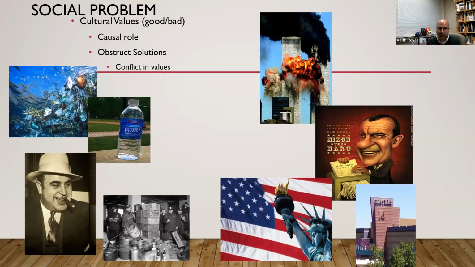And ultimately, we passed laws. We passed an amendment saying you can no longer sell or buy alcohol. And then we created an entire economic structure around the consumption, purchase, and transportation of alcohol. And this is epitomized by Al Capone, right?